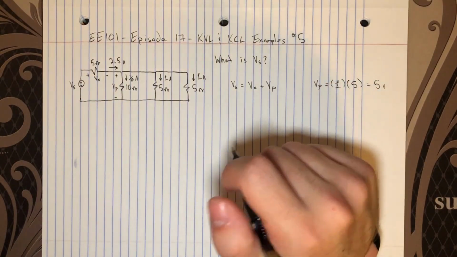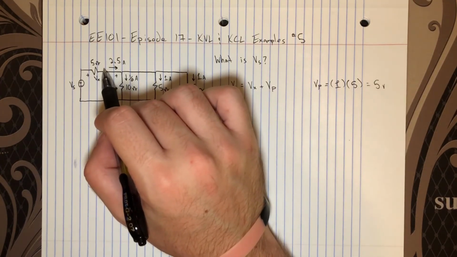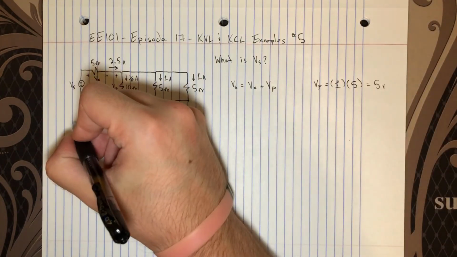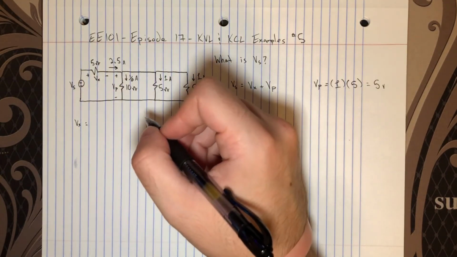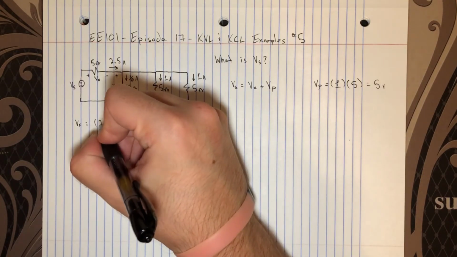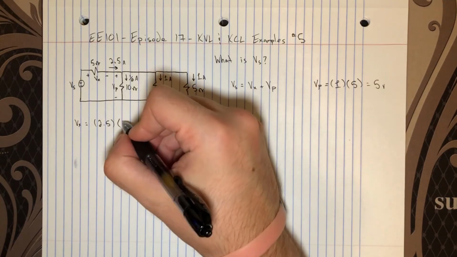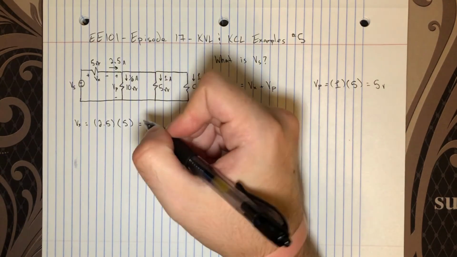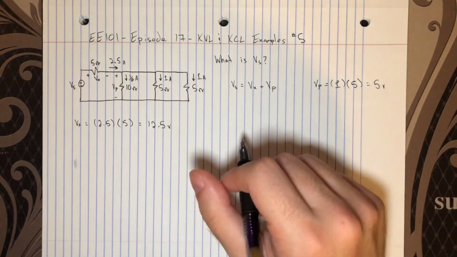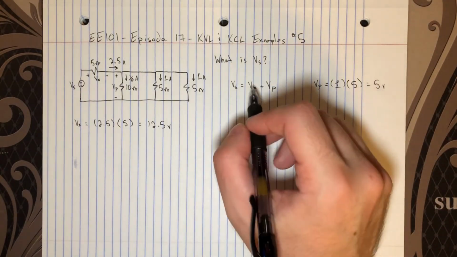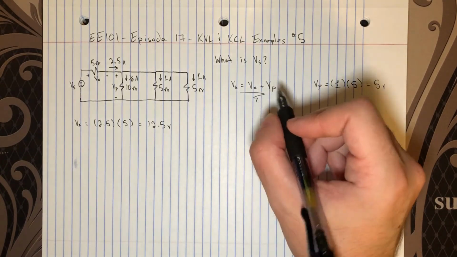And that's great because now we know, based on this 5 ohm resistance, what Vx is. So Vx, remember V equals IR, so Vx equals 2.5 amps times 5 ohms, which is 12.5 volts.